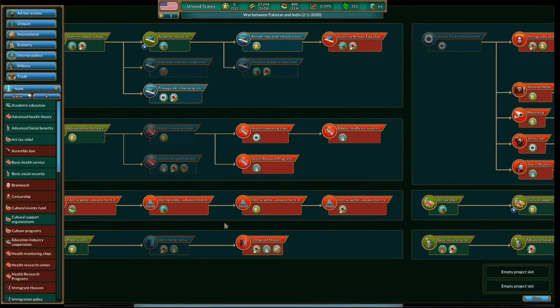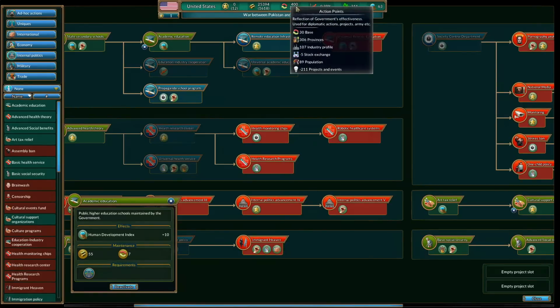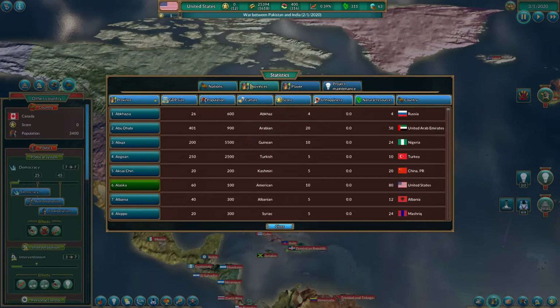You may not be able to afford the maintenance costs, money and maintenance that scale with your population, your number of provinces, and your GDP. Usually your biggest limiter in the game is going to be your action points. The main way you get these is by having provinces that, as we could see in the statistics, have high score and low population, because since it scales with population, that's bad.